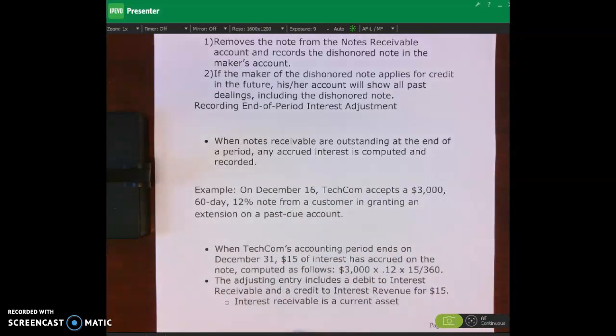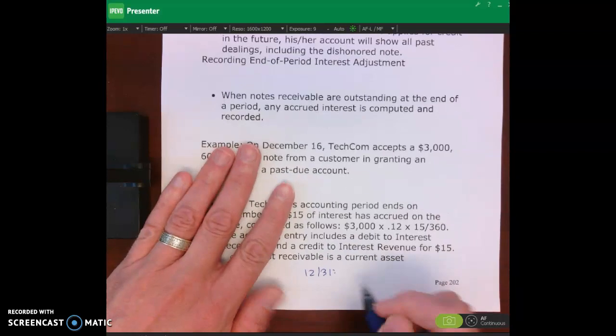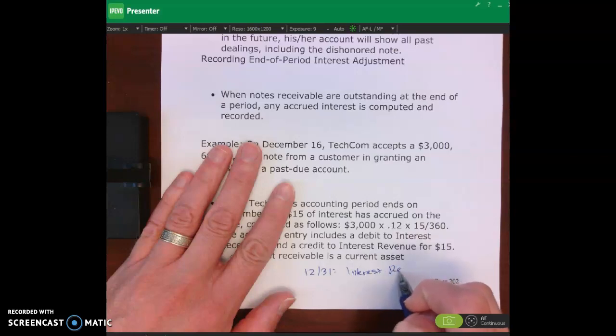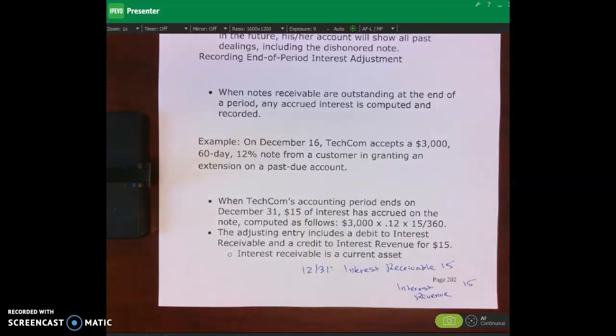Per the revenue recognition principle, I have to recognize it. The way I do that is on 12/31, I debit interest receivable for $15, and then I credit interest revenue for $15. Okay, that's what I do.